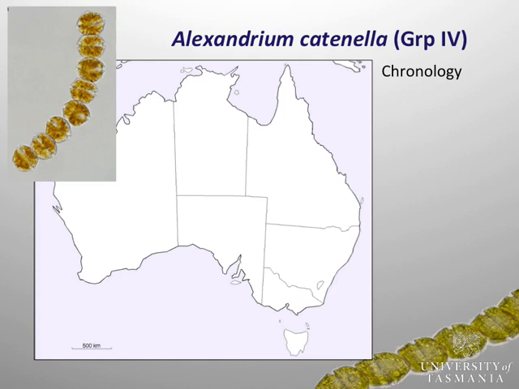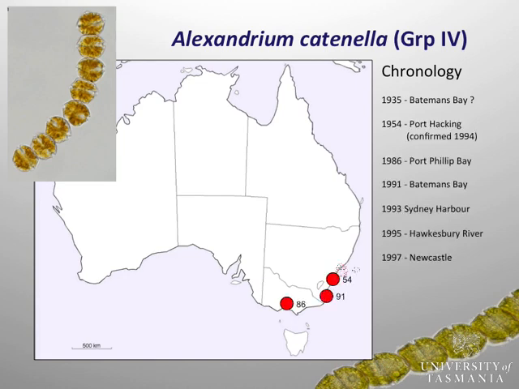Not different enough consistently to be clear what species you're dealing with. So over the years, this particular genus Alexandrium and this species have turned up basically back in the 50s, and then over the years myself and a colleague have picked it up at various places around southeastern Australia.